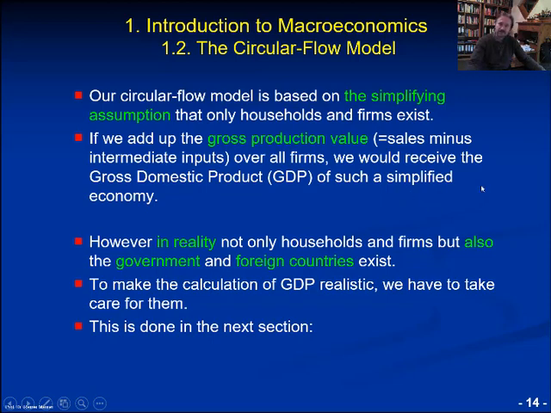However, in reality, not only households and firms, but also government and especially foreign countries exist. To make the calculation of GDP more realistic, we have to take care of these sectors too. And how this is done is shown in the next section.